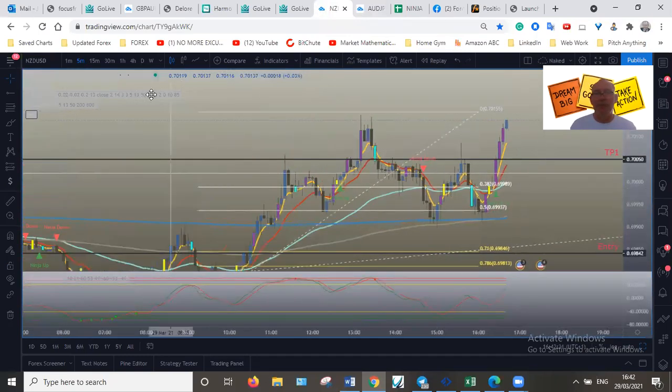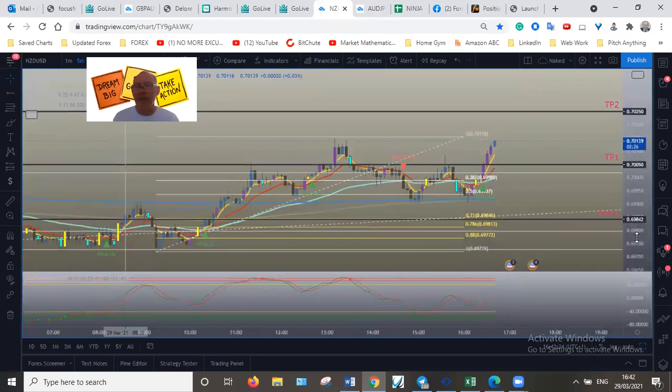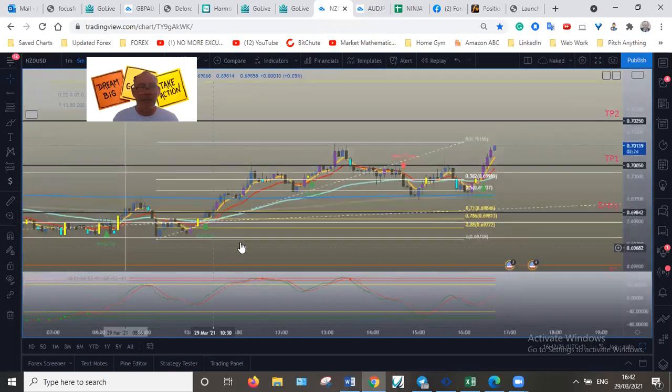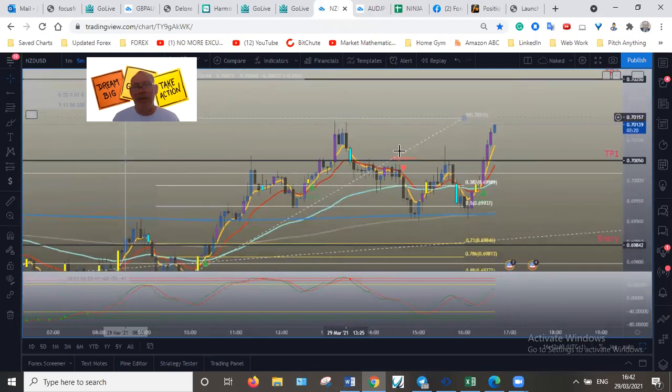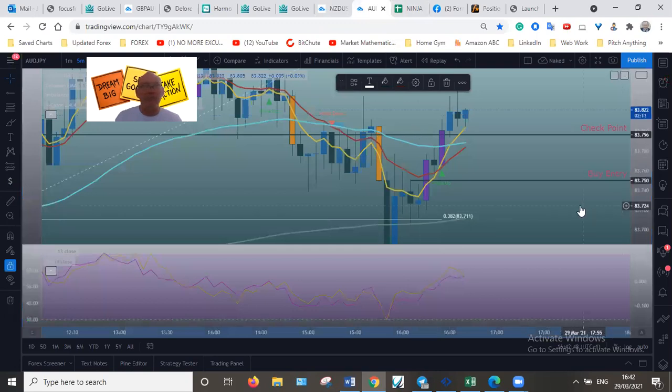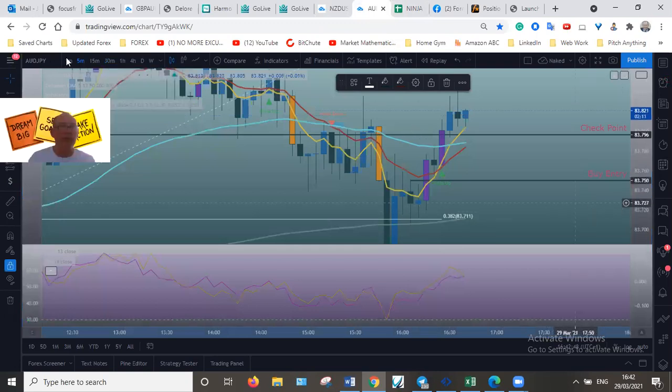I even put TPs in. This is one here, enter here, back here today. It came back to the fib, the 50% line, I'll explain, and then continuation. And this one here, I'll go on a bigger time frame.